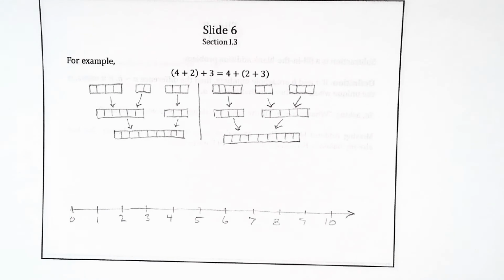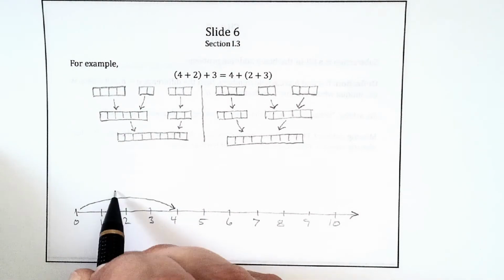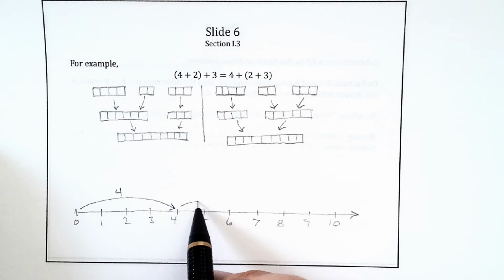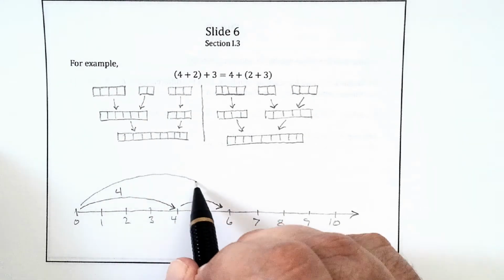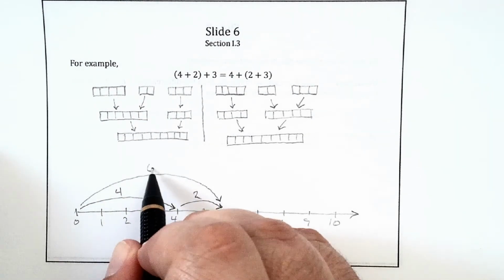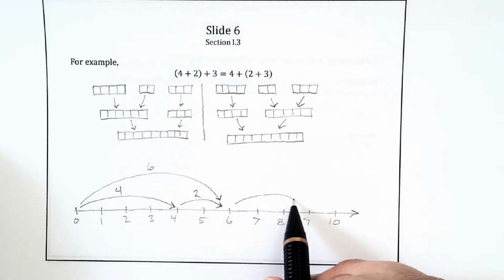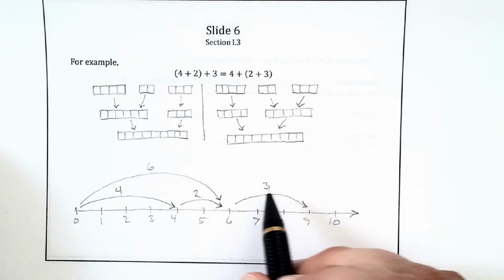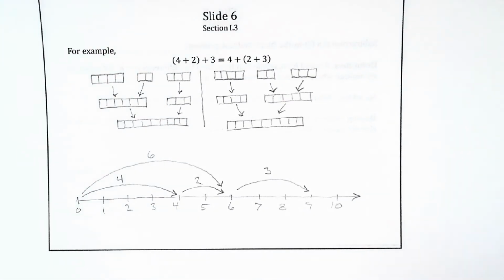First, let's do the left-hand side, the 4 plus 2 in parentheses. So I begin by adding the 4 and the 2. Okay, those combine into a 6. And then to the 6, I'm adding a 3. So what we're really adding is 6 plus 3 here.